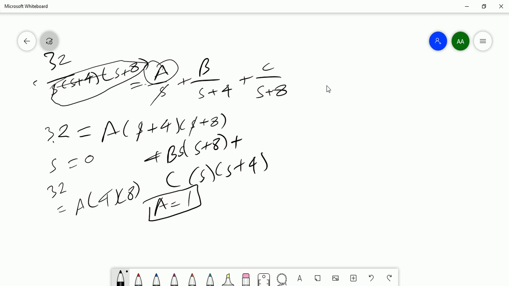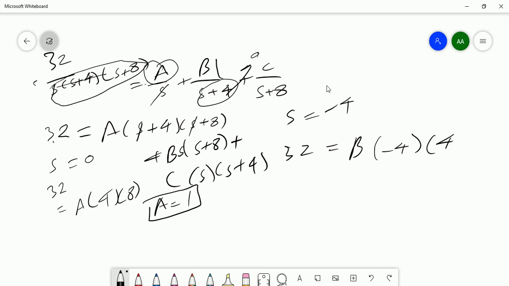Now for b, put s equal to minus 4. When you put this equal to 0, you will get b. So 32 equals b into minus 4 into 4, since the other terms will be 0. 8 minus 4 is 4.